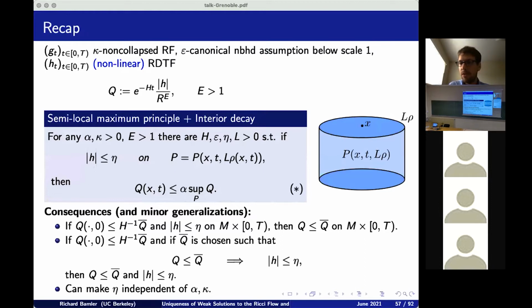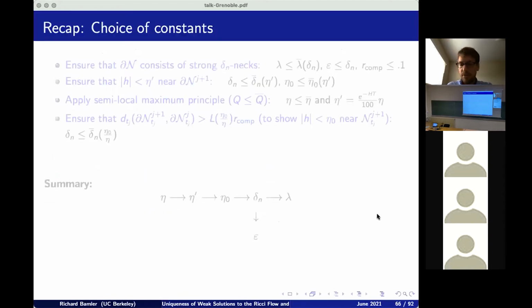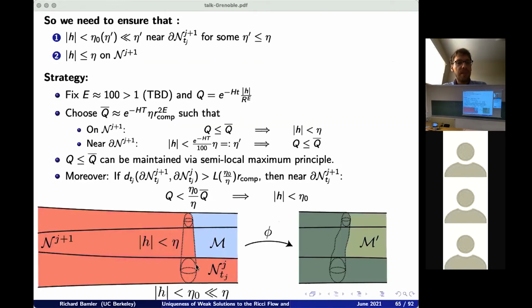Let me go back to this other slide. Essentially what we can do at points near the sphere is take an extremely large parabolic neighborhood around these points in such a way that alpha is exactly equal to eta naught divided by eta. And then we get the desired improvement. This is only possible if this huge parabolic neighborhood fits under the staircase pattern.